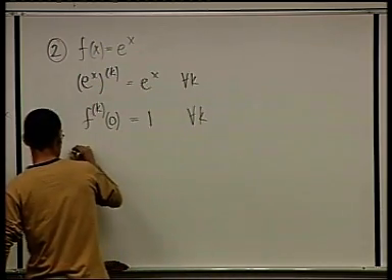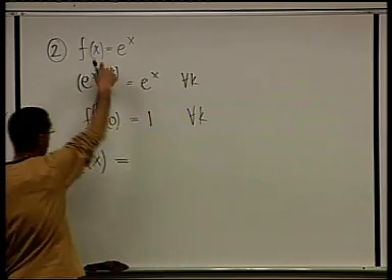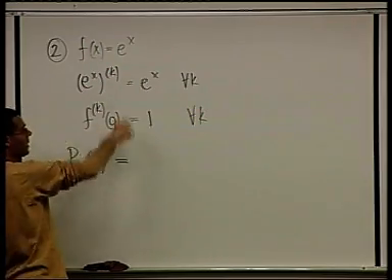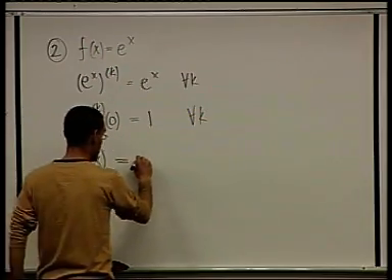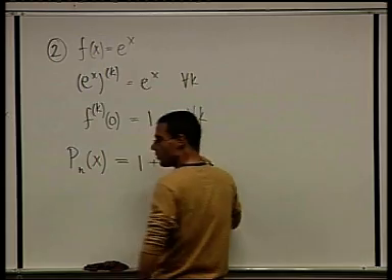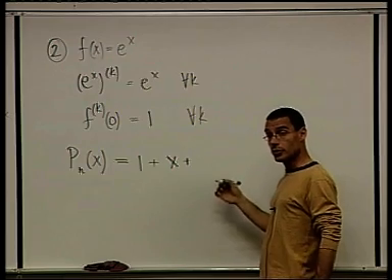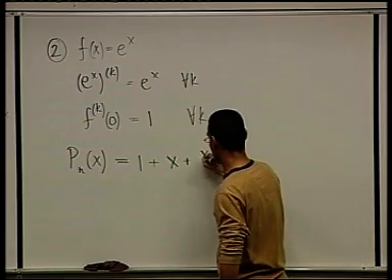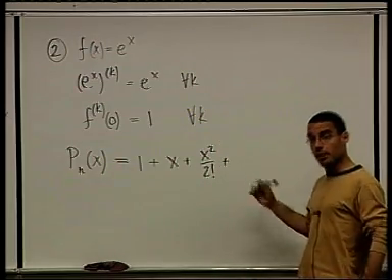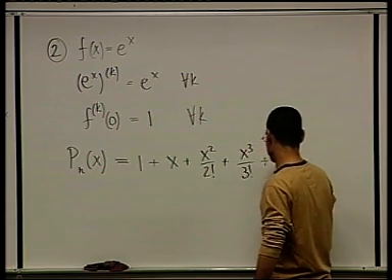What is the Taylor polynomial of degree n corresponding to the function e to the x? I just have to plug in 1s for all these derivatives. So I get f at 0 is 1, plus 1 over 1 factorial times x, plus 1 over 2 factorial times x squared, plus 1 over 3 factorial times x cubed, and so on.